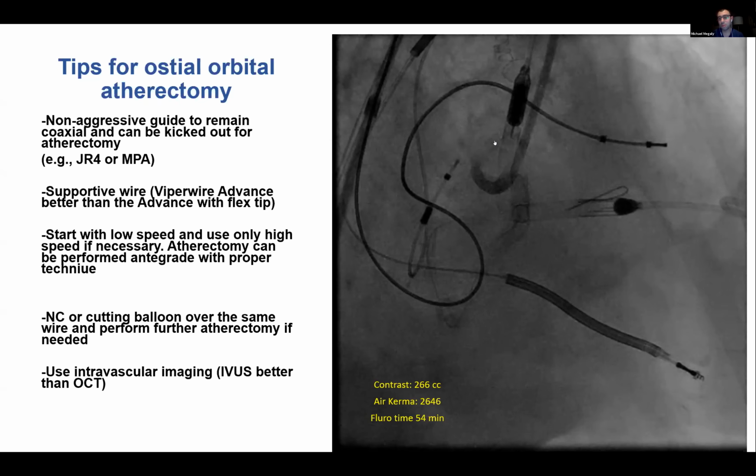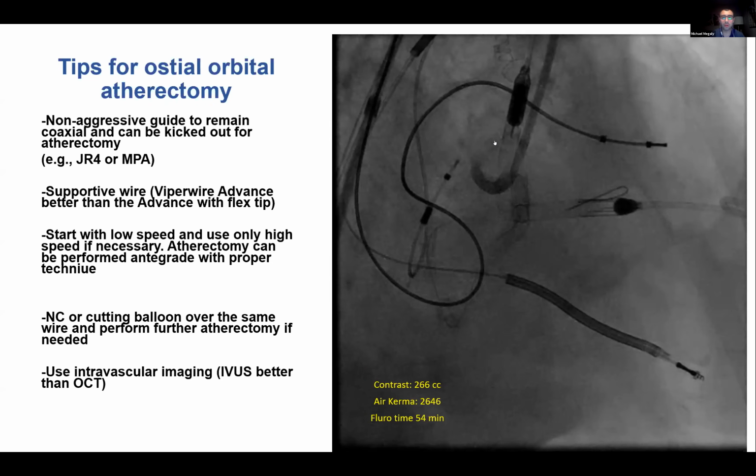Use a guide extension that extends very close to the lesion. Use a support, whatever wire you cross with. If everything doesn't work up to 1.25, you can use a Sapphire Pro, try to break as much as possible. You can use laser. That's another option to just try to create a pathway.